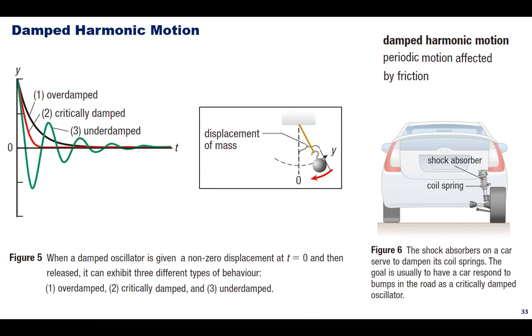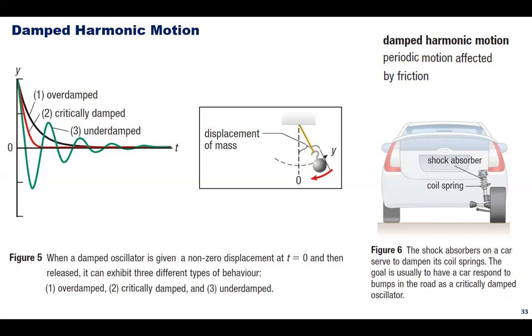The system still oscillates because the displacement alternates between positive and negative values, but the amplitude of the oscillation gradually decreases with time. The amplitude eventually goes to 0, but the system undergoes many oscillations before damping brings it to rest. This type of motion is an underdamped oscillation.